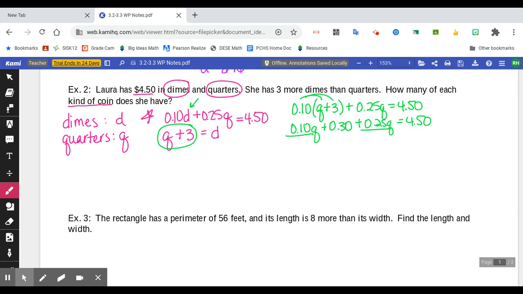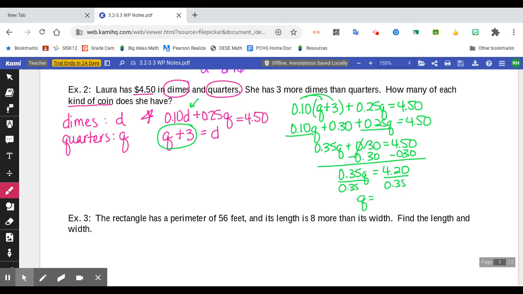Combine like terms for these two, which gives me 0.35Q plus 30 cents equals $4.50. Subtract my 30 cents here. This is 0.35Q equals $4.20. And if I divide by 0.35, I get that Q equals 12.